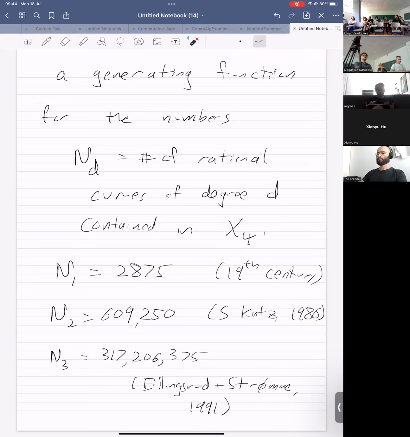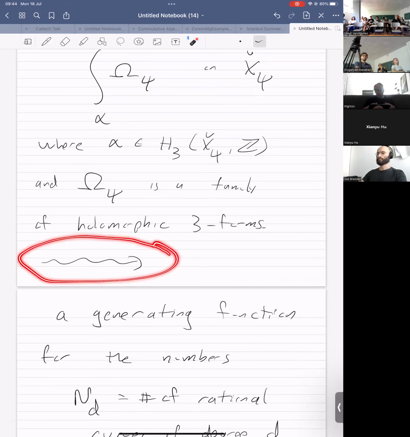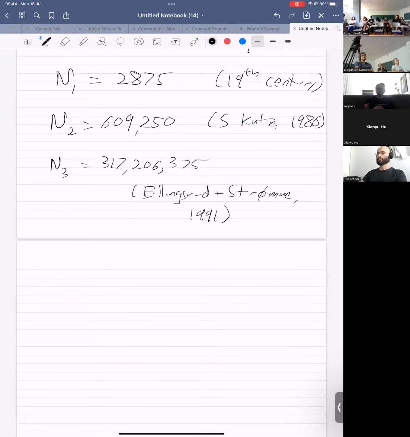Now, there's a huge amount of story I'm leaving out here. First is making precise what these numbers mean. Of course, I'm not telling you also what this generating function really is. There's some long, complicated procedure, but it is something you can carry out. And these days, the numbers N_d are called Gromov-Witten invariants.